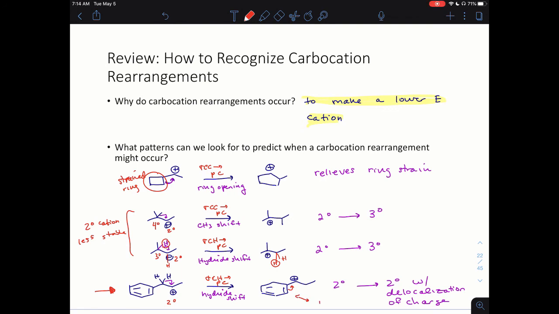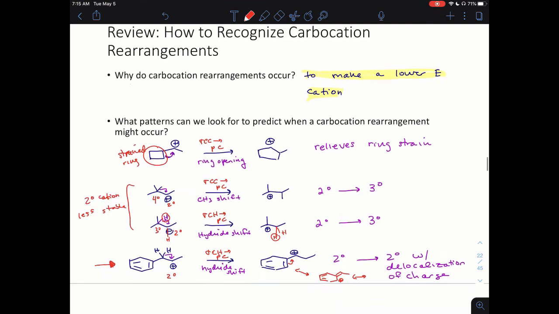So if you have some sort of pi system, a few bonds away, or one bond away, adjacent to the carbocation, then you might have some sort of rearrangement to generate a carbocation that is delocalized or stabilized by the delocalization of charge. Okay, make sure you can recognize these four patterns.